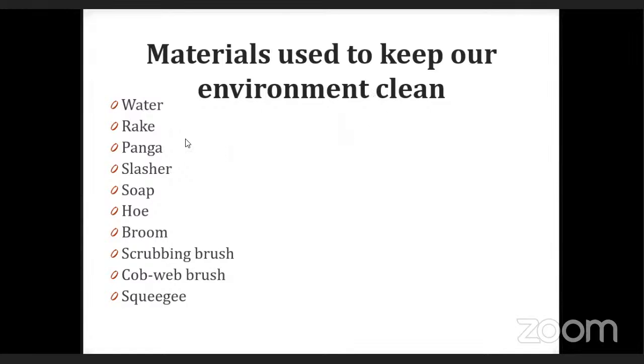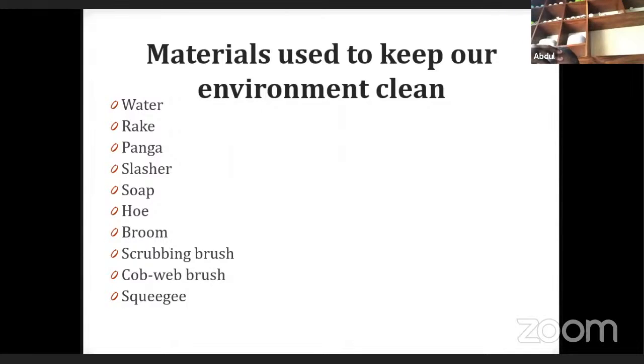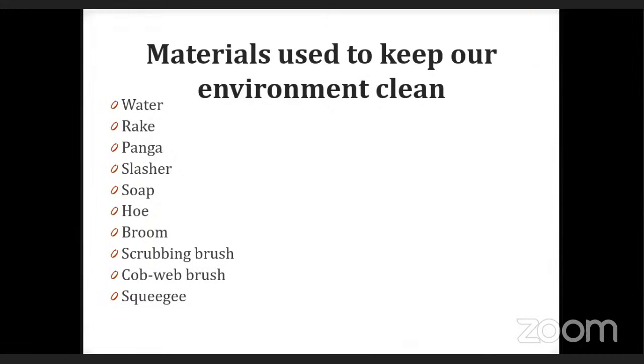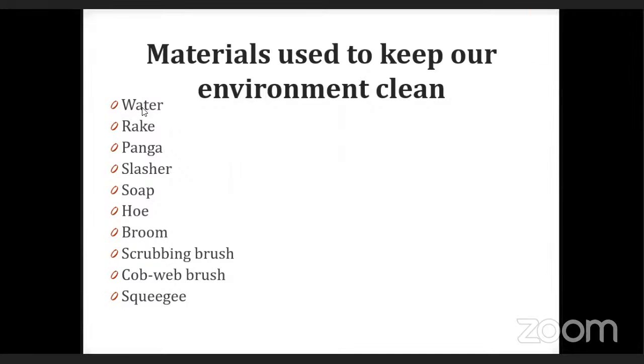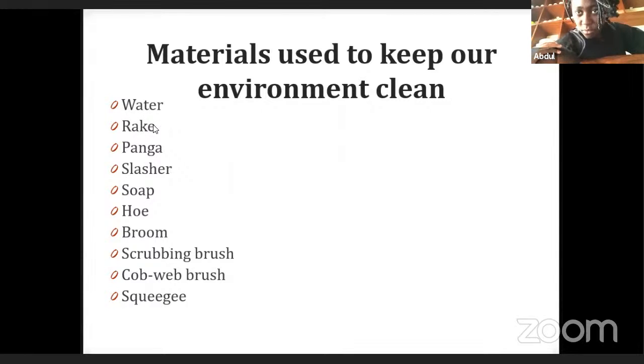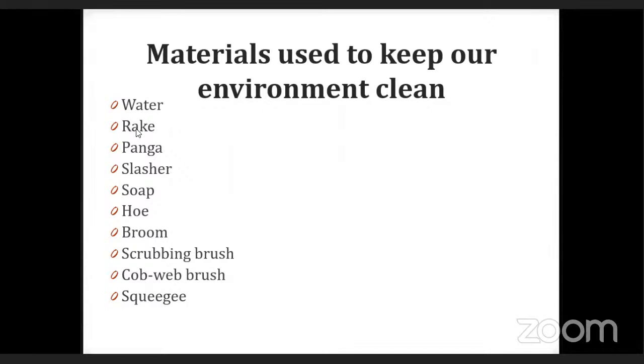Yes, Abdul, can you read first these materials? Broom. Hook. Please start from the first one, start from water going downwards. Water. Slasher. Next, this one is rake.